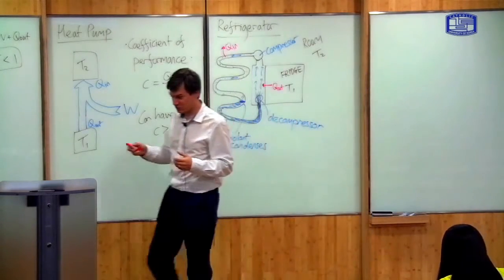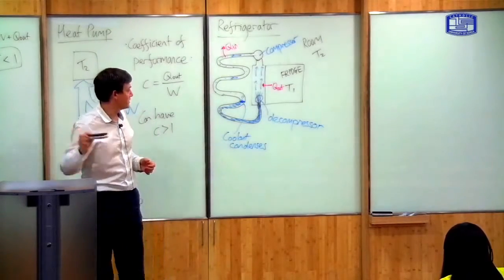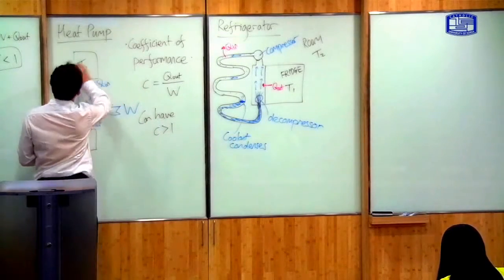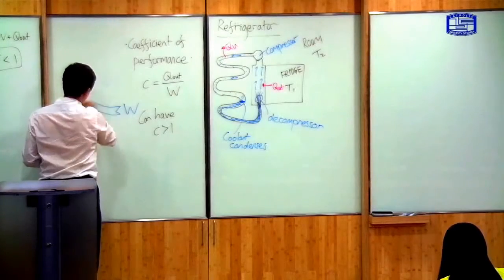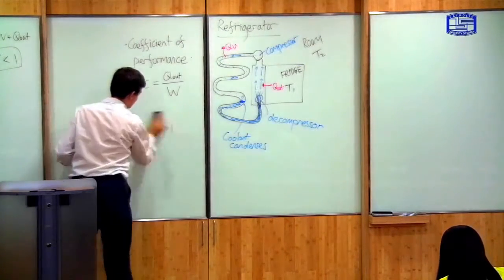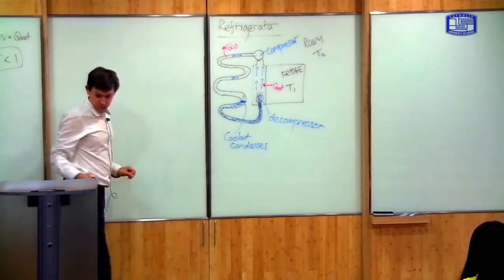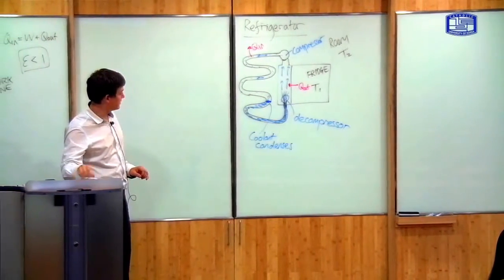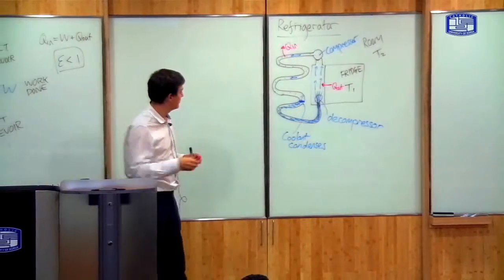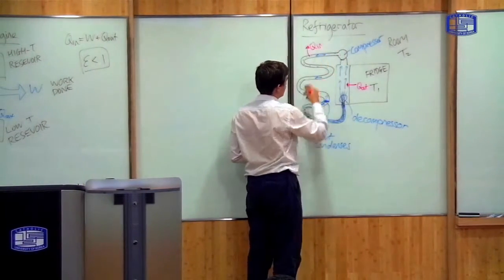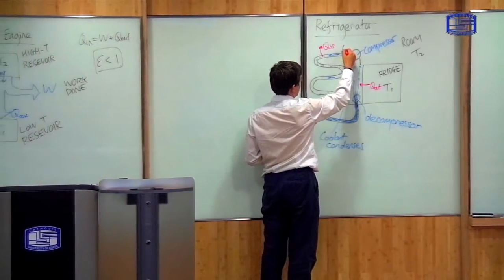Okay, so we can draw this cycle on a pressure volume diagram, as we did last time. I'm going to briefly do that and explain what happens in each stage. Okay, so let's label each stage. I'm going to start by, this is the simplest bit where the liquid is on the outside, so this is stage 1.